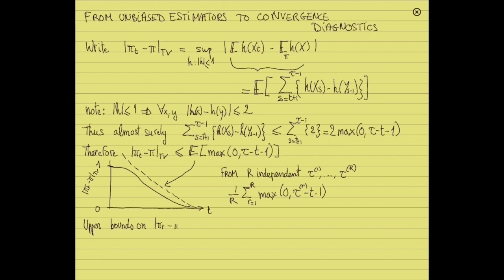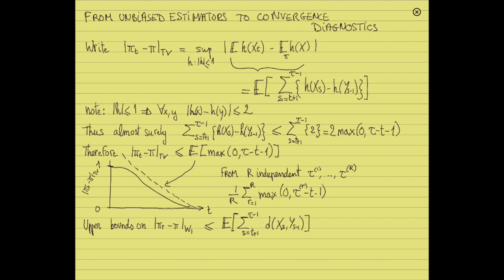We can also obtain upper bounds on other distances. For example, the 1-Wasserstein distance can be upper bounded similarly, with a similar reasoning, by the expectation of the sum from t plus 1 to tau minus 1 of the distance between xs and ys minus 1.